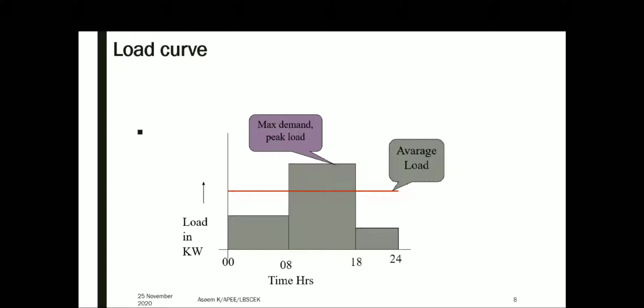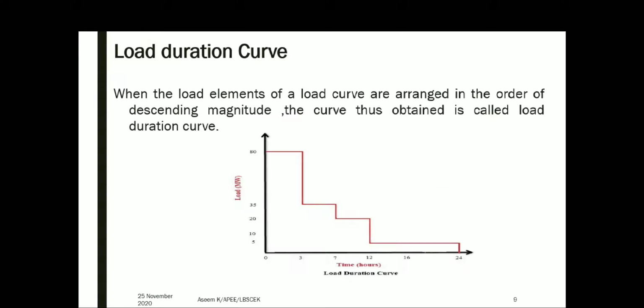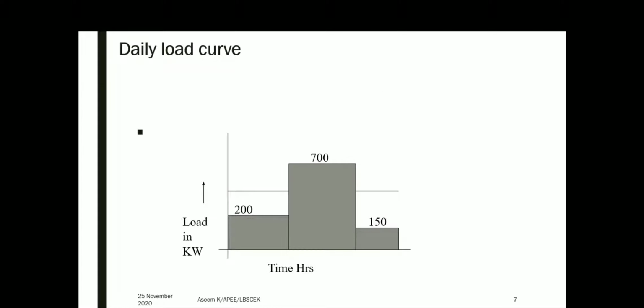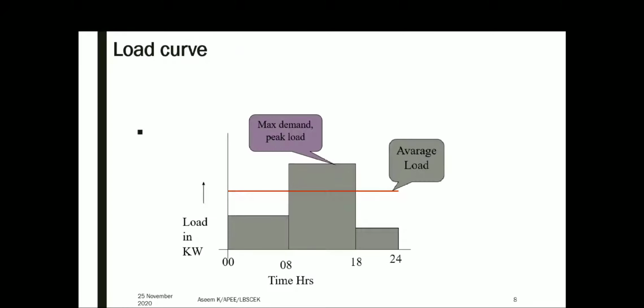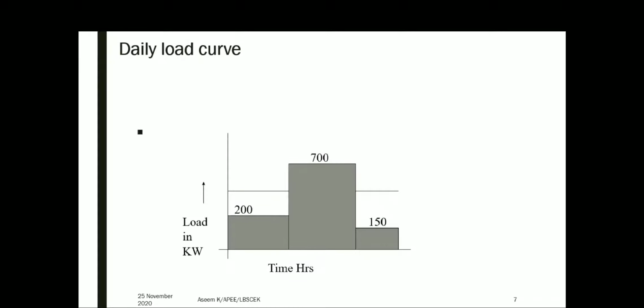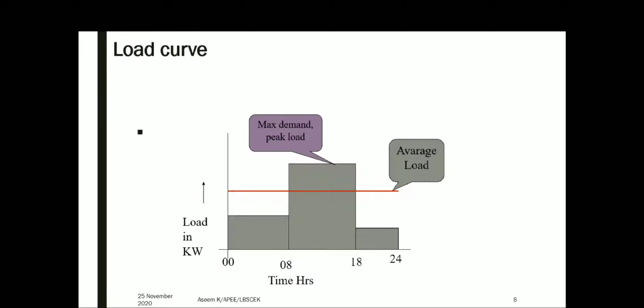For the first 8 hours the load is 200, then after that 700, then 150, etc. So the maximum demand or peak load here is 700, and you can find the average load by taking its area divided by total time. This maximum demand and average load you can calculate from a load curve.